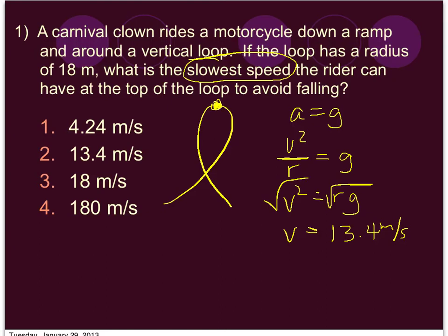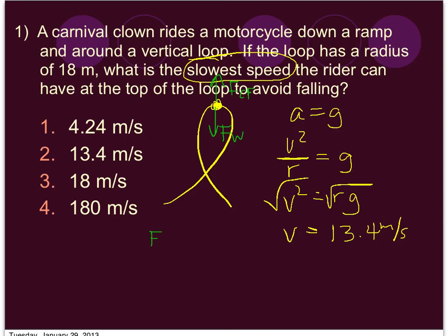Again, also like the last problem, you could understand that at this point at the very top of the ride, Fw has to be equal and opposite to the centrifugal force. Okay.